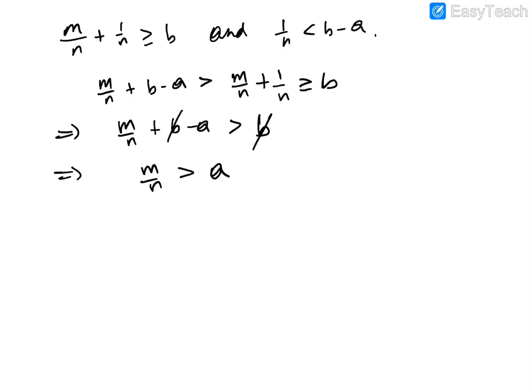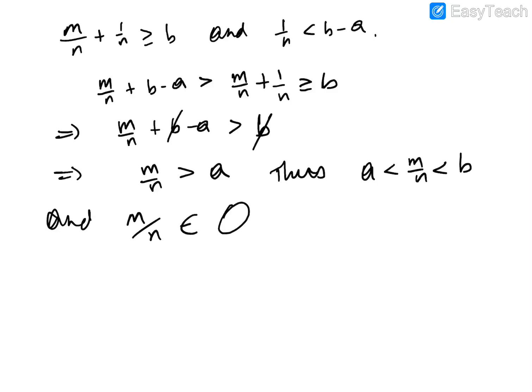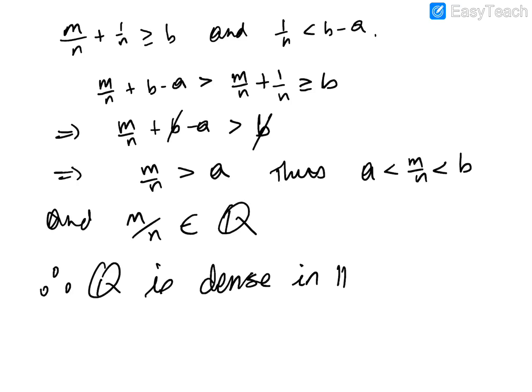So that means m over n is greater than A. Thus, A is less than m over n, and m over n is less than B, and m over n is a rational number because n was a natural number, and m was an element of the integers, so m over n is a rational number. Okay? So, therefore, the set Q is dense in R.